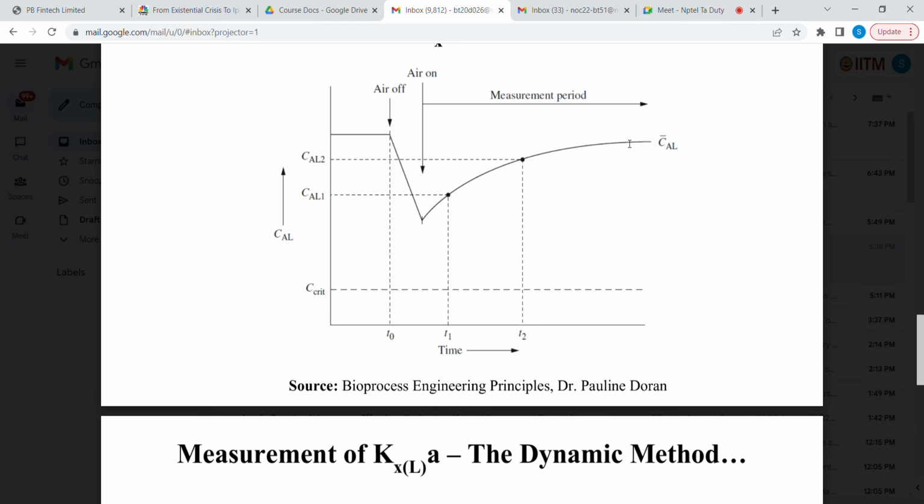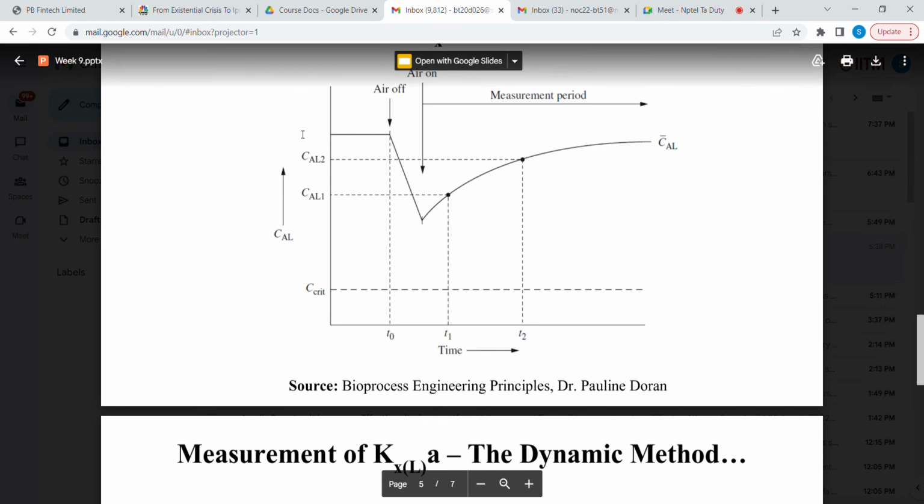Actually, if you think about it, here we are assuming this can be considered as C star, assuming that we first start out with the clean fluid.